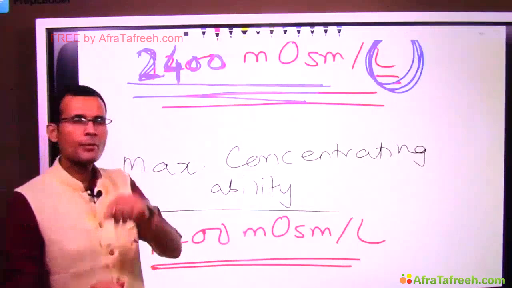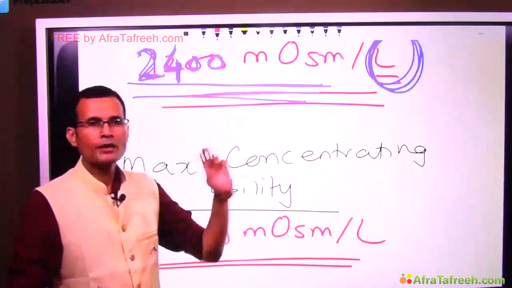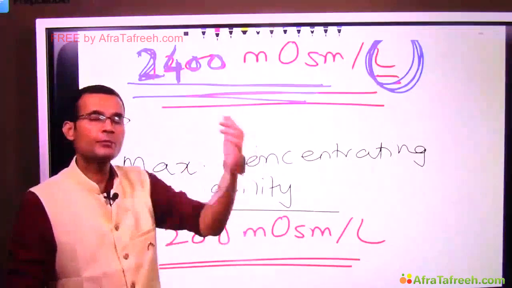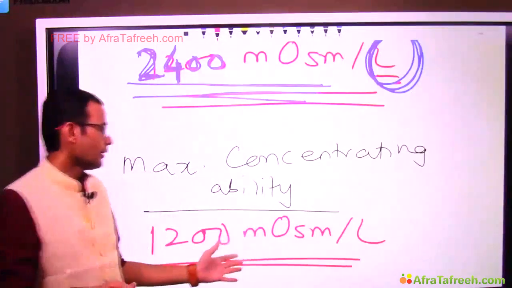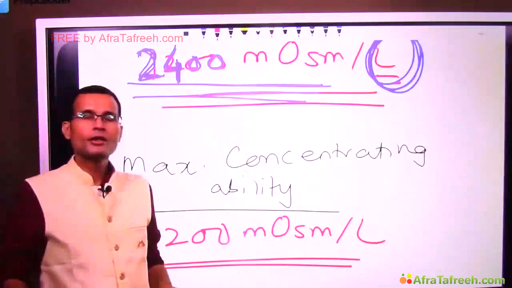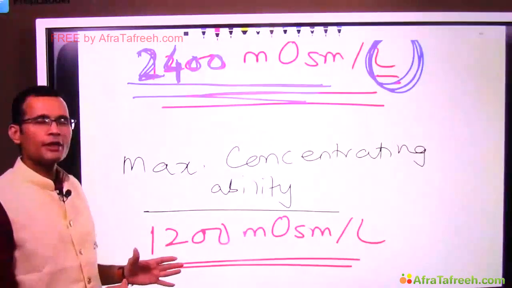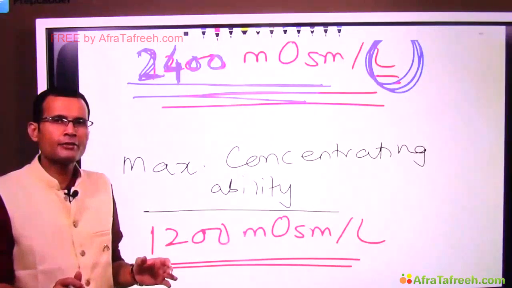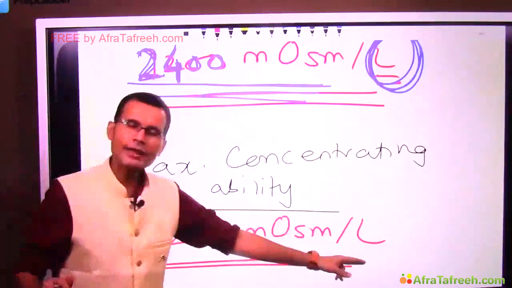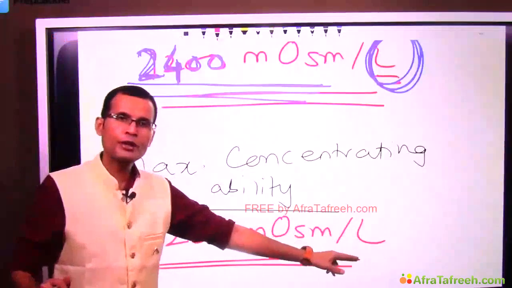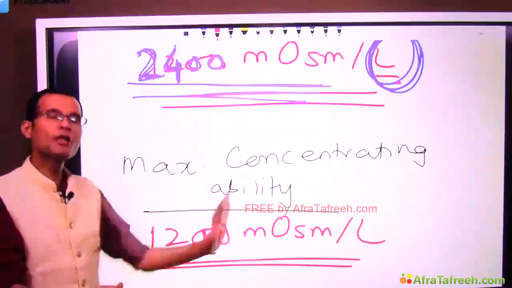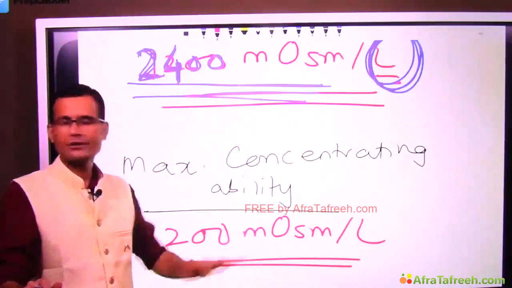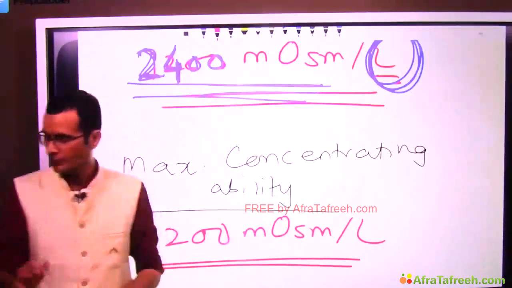Just remember like this: plasma osmolality is 300, and roughly 4 times that, 1200 milliosmoles per liter, is the maximum concentrating ability of the kidney. It means how much maximally concentrated urine can be generated and excreted. In 1 liter of urine, maximally 1200 milliosmoles of solutes can be excreted. That's the maximum concentrating ability.